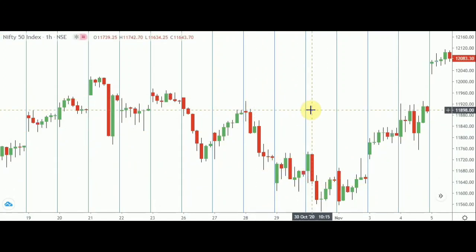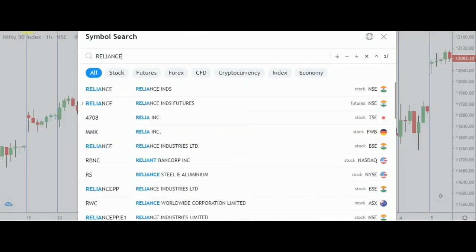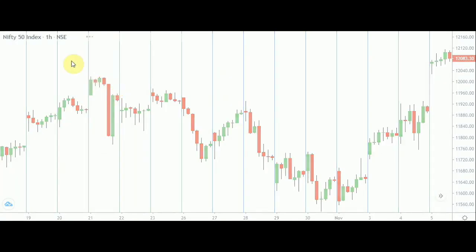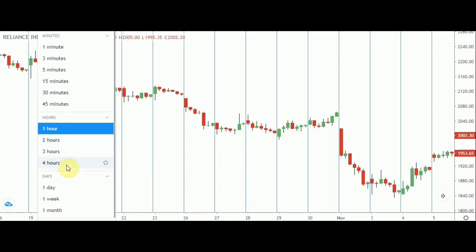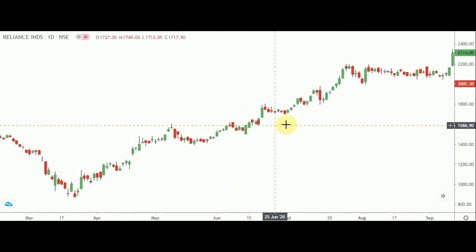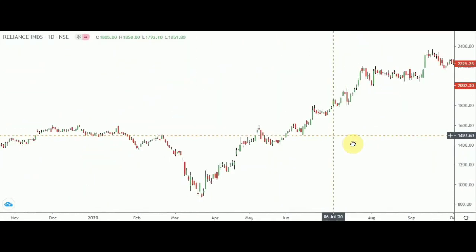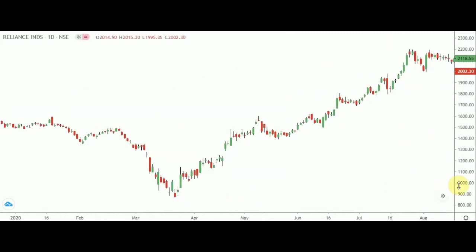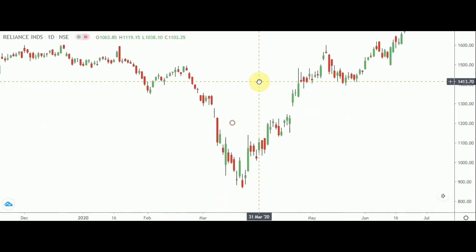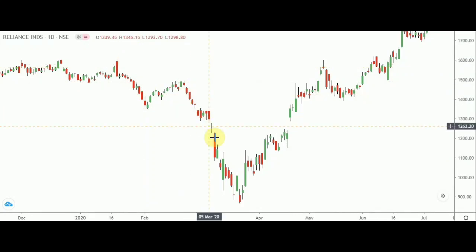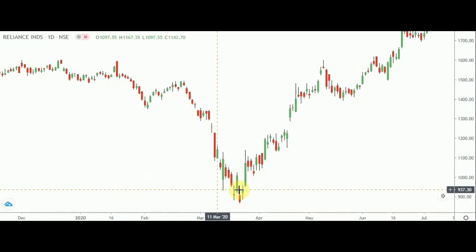Clear? Let me just show you another example, which is the favorite stock for all the retailers, Reliance Industries. Now I'll be showing it on the daily, and I'll be showing it on the 5 minutes chart as well. So here you see, my friend, what is this candle after that crash which happened at the end of February. You see this candle here, this is a doji.